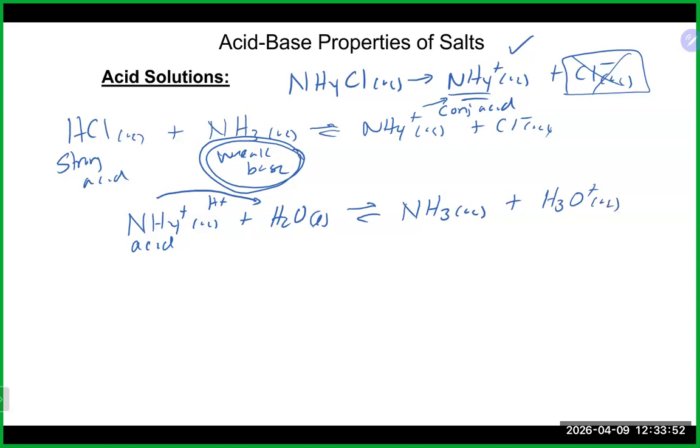Now, people sometimes have a really hard time writing these equations. But again, if you think about where it comes from and you look at the actual problem, there's a lot of information that can help you figure out what goes on the other side. So, for example, without doing a calculation, this solution should definitely be acidic because we are producing H3O plus in this case.